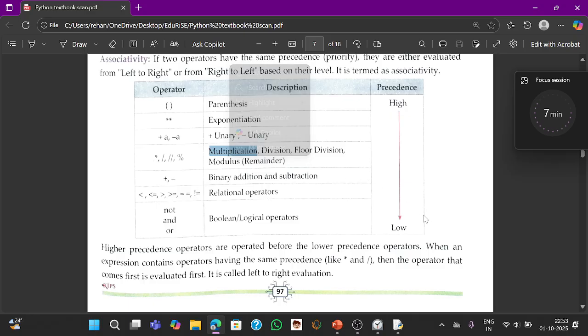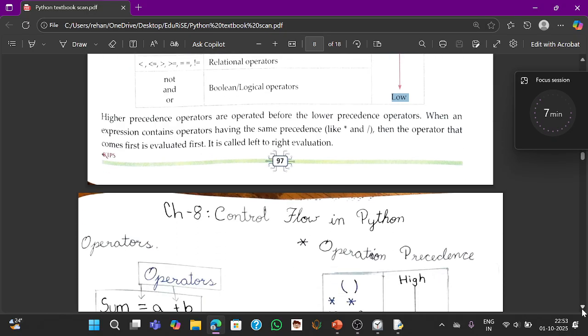Here multiplication, division, floor division, and modulus, otherwise also called the remainder. Then we have binary addition and subtraction. Then come the relational and the logical operations at the last. So that is how in Python programming, any expression is solved, from highest priority to least priority. Right? So that's it.